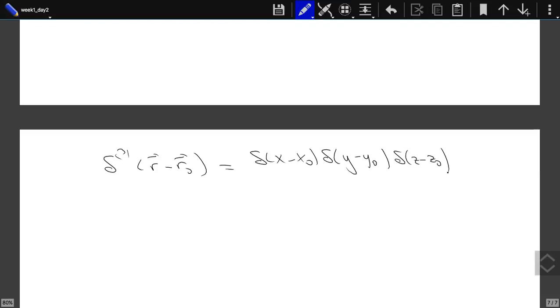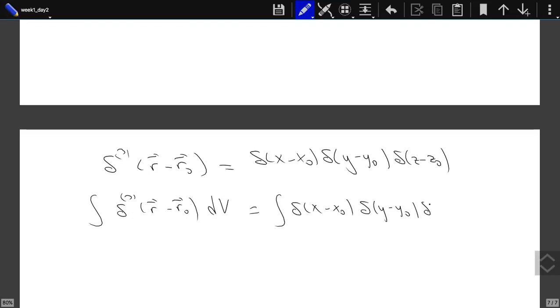Now, if you consider the integral over some volume, this will be the Dirac delta of x minus x0, y minus y0, z minus z0, dx, dy, dz.